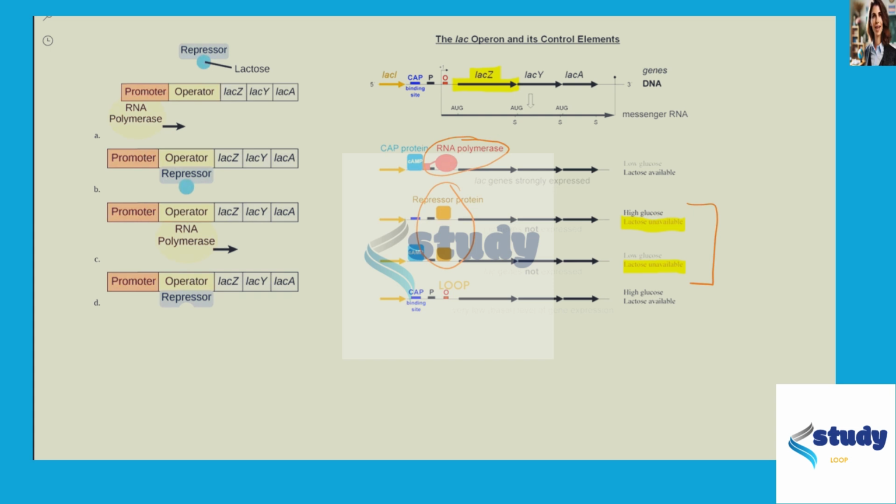So our repressor plus lactose means that our repressor is going to be released only in this situation. So when the repressor is released, our RNA polymerase can bind. So given this sequence of events, we can look back at our answer choices to determine what happens when lactose is not there.